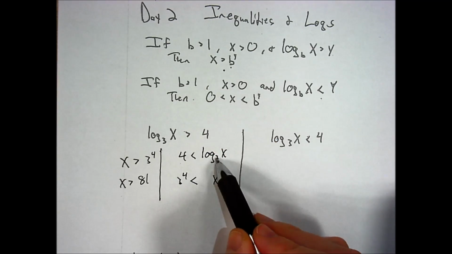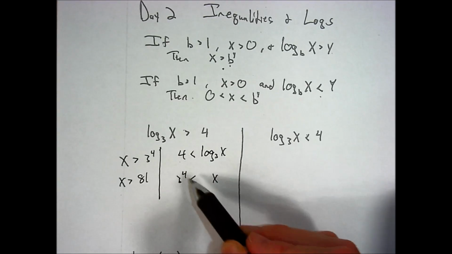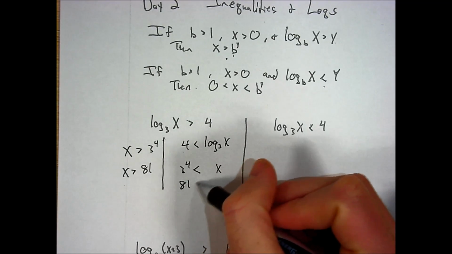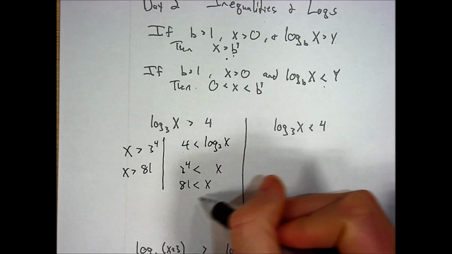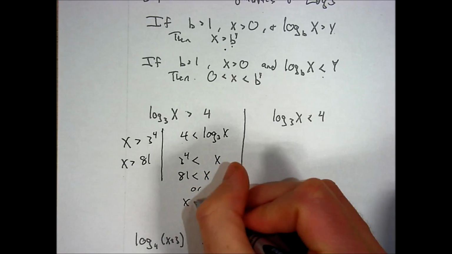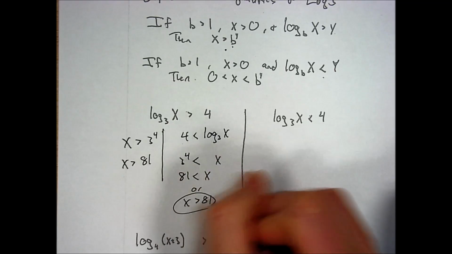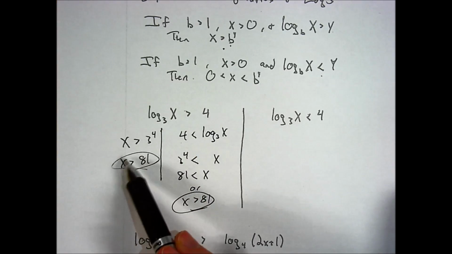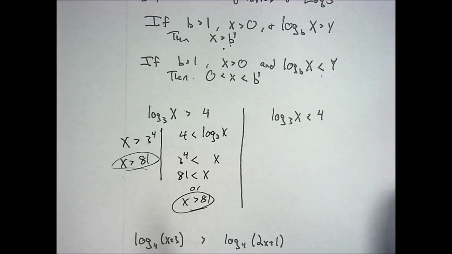So 4 is the power of 3 that gives me x, and then we're going to keep this sign the same. We'll still end up with 81 is less than x, or if you spun it back around, x is greater than 81, which matches this one, but this one was a lot quicker and a lot less thinking if you can do the thinking up front and remember the shortcut.